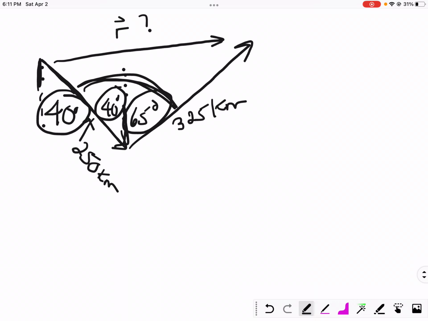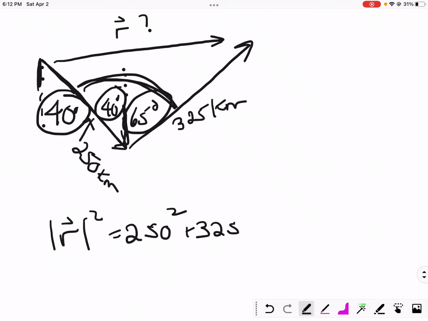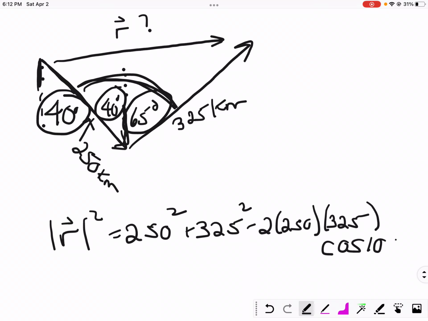So using the law of cosines, the magnitude squared is 250 squared plus 325 squared minus 2 times 250, 325, running out of room, cos 105.